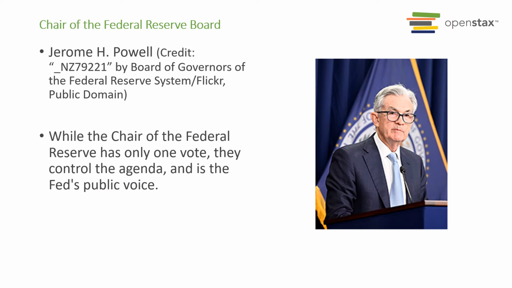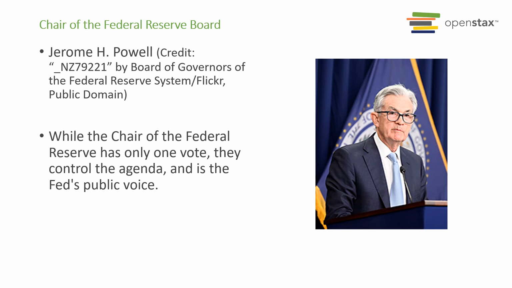All right, out of the 7 board of governors, 1 person is appointed as the chairperson of the board of governors, and that chairperson is appointed once every 4 years. Therefore, each president has a chance to appoint their own chairperson.